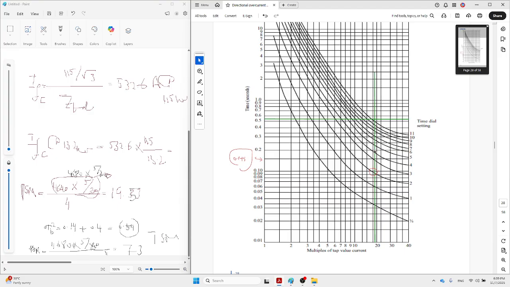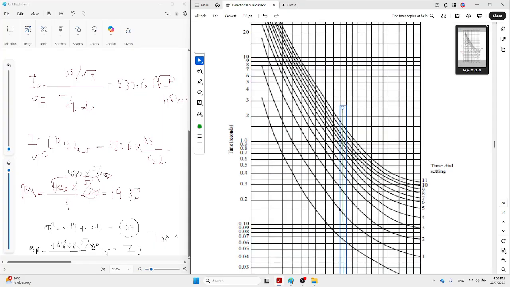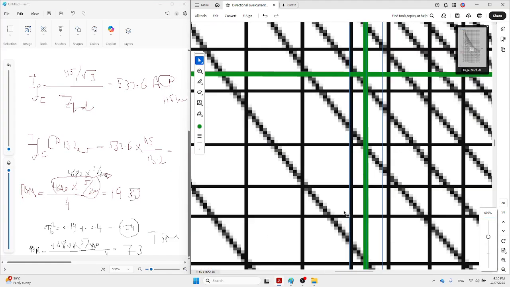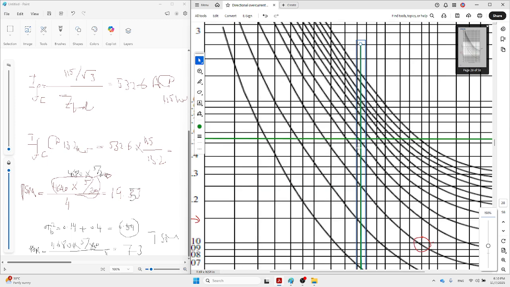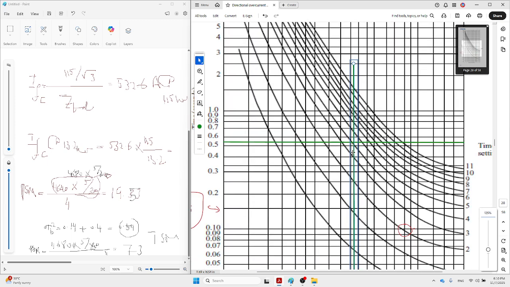Then the other one, it's 7.3. 7 is here. You can see 7 is here. So 7.3 is somehow equal to this, or maybe a bit more, in my view.